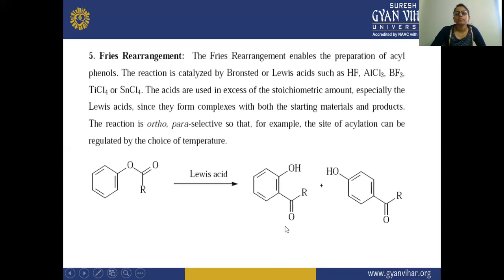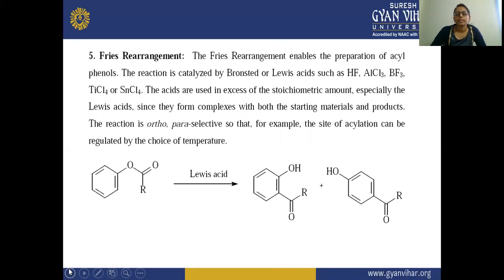In the next reaction, you can see the Fries rearrangement. We have done it in the last slides also. The Fries rearrangement enables the preparation of acyl phenol.